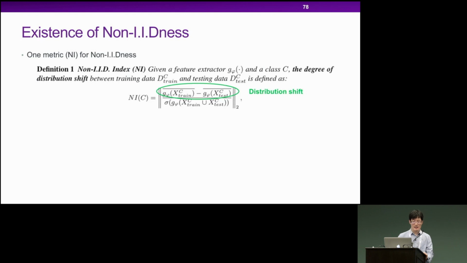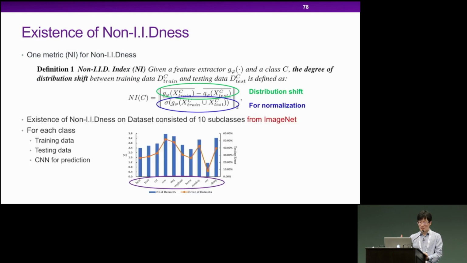Then you will find that in ImageNet, different categories have different NI indices. And if you use the same CNN model to do classification in different categories, you will find this figure. In this figure, the bar means the NI value in this category, and the yellow curve means the error rate.